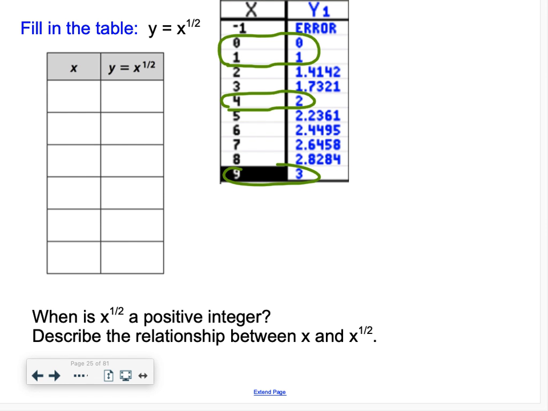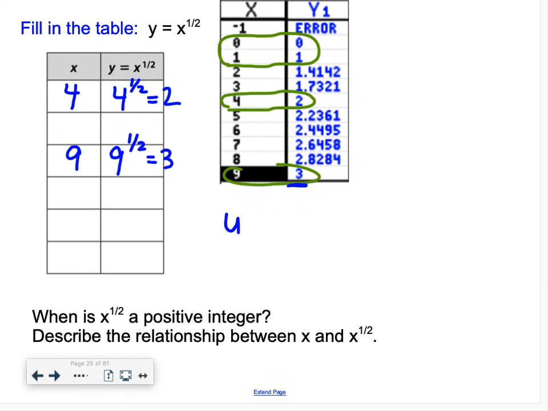So in other words, this is saying when x is 4, y is 4 to the 1/2, which apparently, according to my table, is 2. When x is 9, 9 to the 1/2, according to my table, is 3. And maybe you're starting to notice that these numbers are also perfect squares, 4 and 9, and when I square root them, I get 2 and 3.